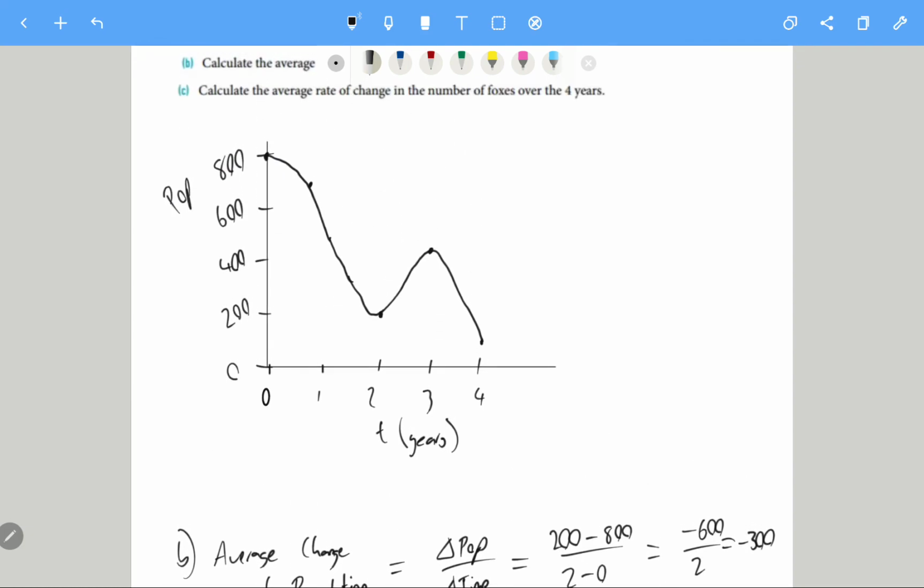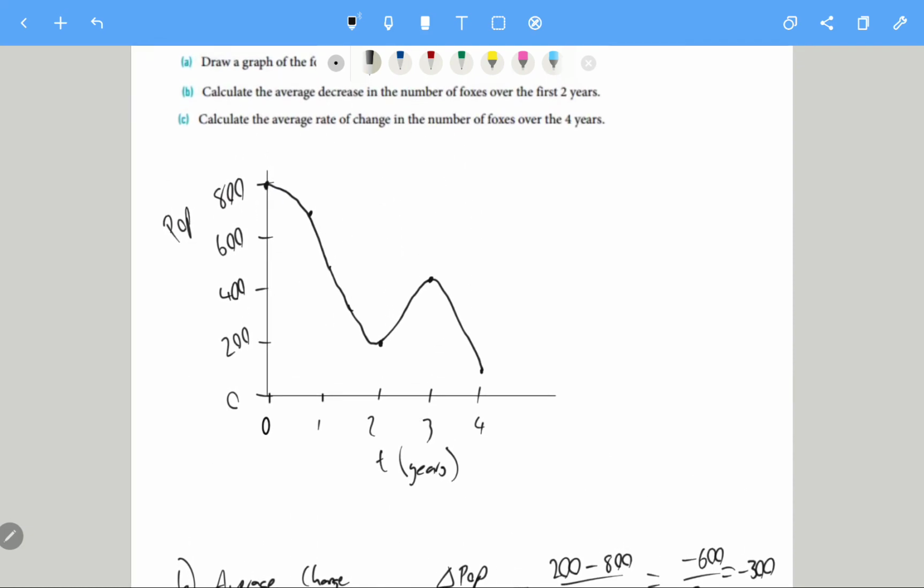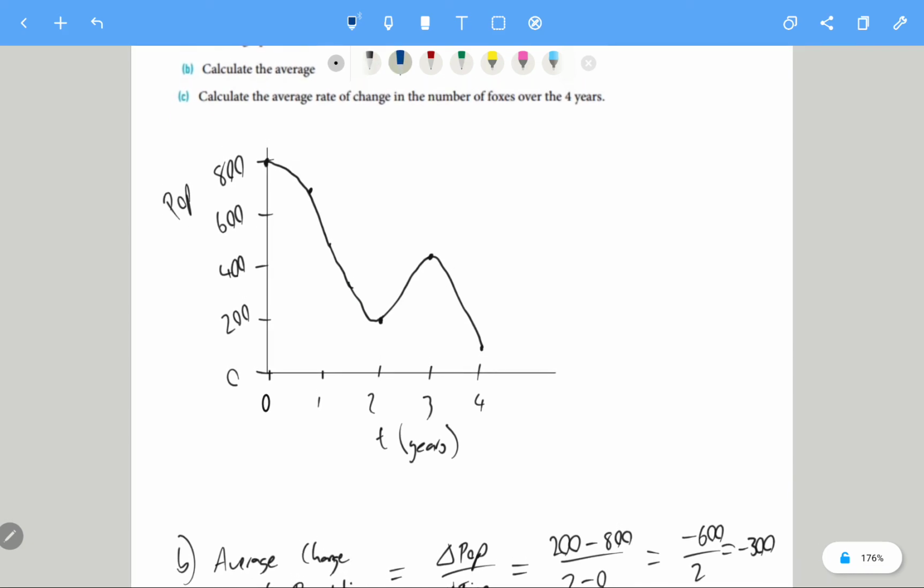So you can see that although in the instantaneous, over 2 years we've got one rate of change, over the 4 years we've got a different rate of change. And you can see that the blue line has a lower gradient than the other line.